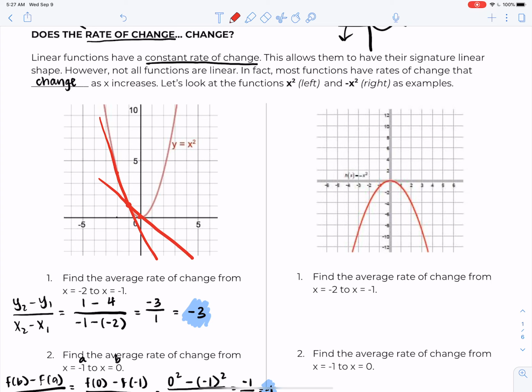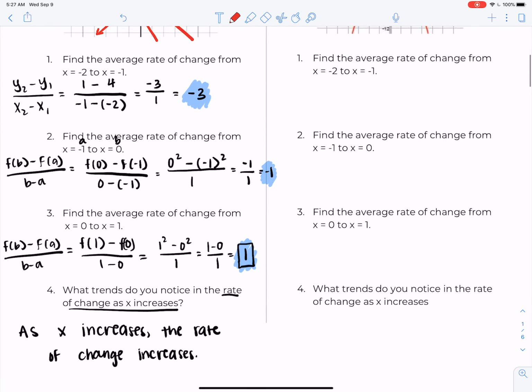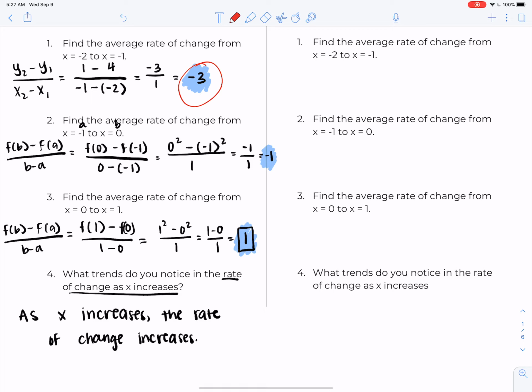And then from 0 to 1, we have this line going like that, and now it becomes more positive. So this one was super negative, this one was less negative, and now this one is more positive. And so again, we're just seeing on the graph what we're seeing in our rate of change here. We're seeing just that the rate of change is increasing.